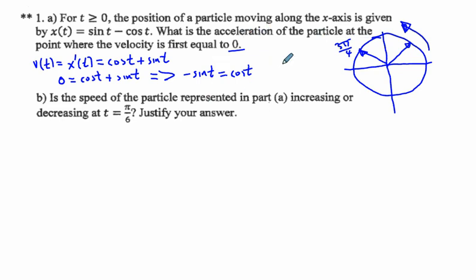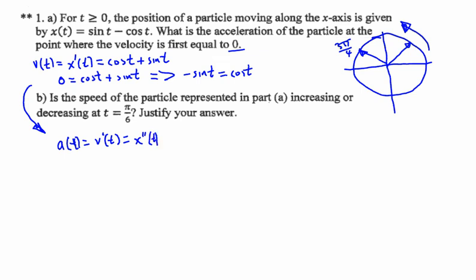Now we're asked, what is the acceleration of the particle where velocity is first equal to 0? I'm just going to bring this down here to give some room. So a of t is equal to v prime of t, which is equal to x double prime of t.